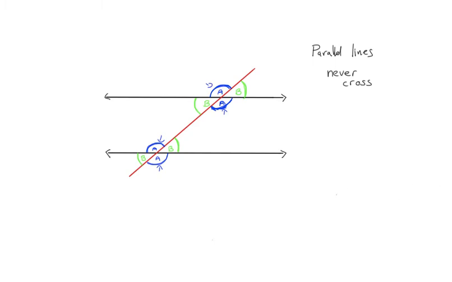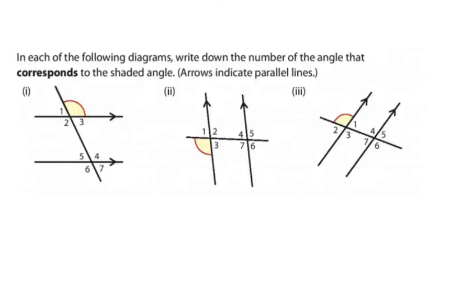Now that we have gone over that, I want to show you this one. So here is a sum, and they are asking us, this is from the textbook, in each of the following diagrams. So there are 3 diagrams, diagram 1, 2, and 3. In each of the following diagrams, write down the number of the angle that corresponds to the shaded angle.